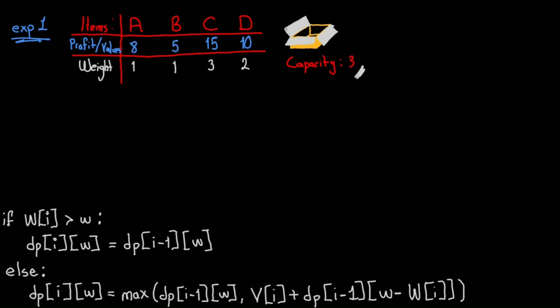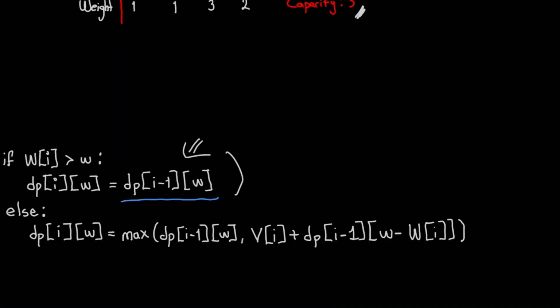First of all, before jumping into the example, I have written the most important part of the algorithm. This part we will use while we are solving the problem. So, if the weight of the item is more than the current capacity, then we are not taking that item and we are directly copying the previous row value at the same capacity level.